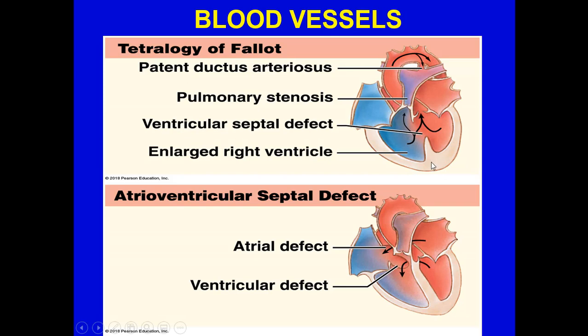You also will have a ventricular septal defect here, again, mixing of oxygenated and deoxygenated blood, but also you'll notice that the thickness of this heart wall has been enlarged. Why? Because it has to get much more muscle to force blood through this stenosis, this narrowing of the pulmonary trunk.